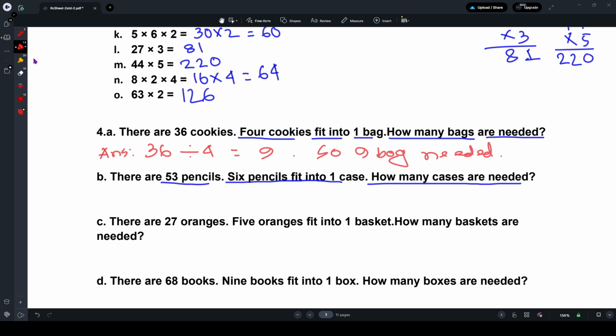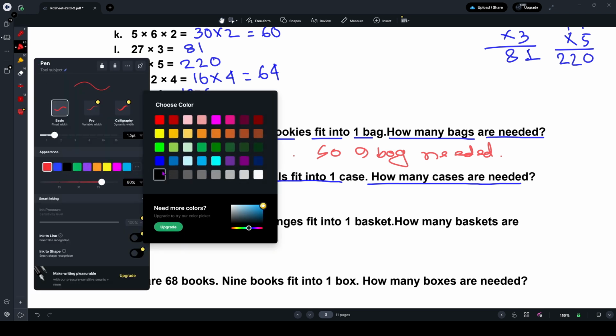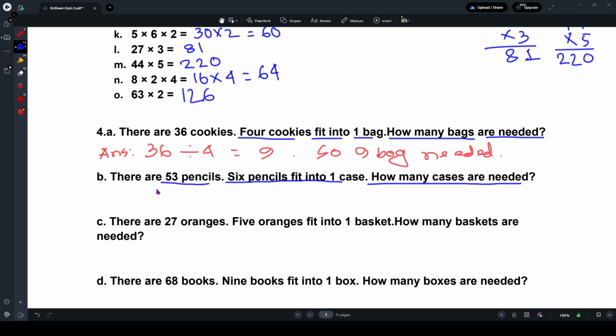First we have to choose a color, right? Color pencil. Sorry for this. 53 pencils, 6 pencils fit one case. So one case, 6 pencils, it means we can write 53 divided by 6.